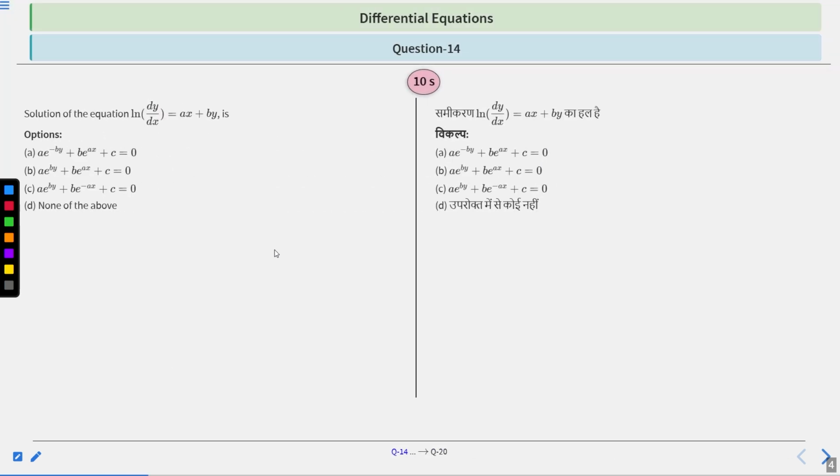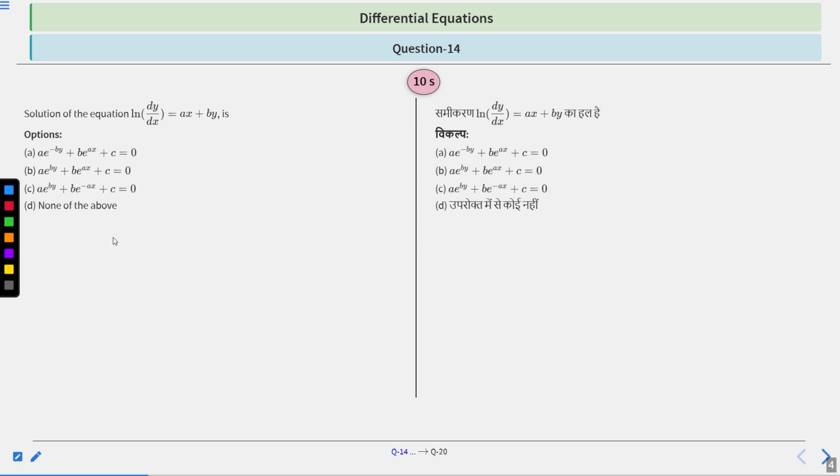Let's start with question number 14, which says we have to find the solution of the equation ln dy by dx is equal to ax plus by. The hint of this question is we will try to convert each term into y and x.